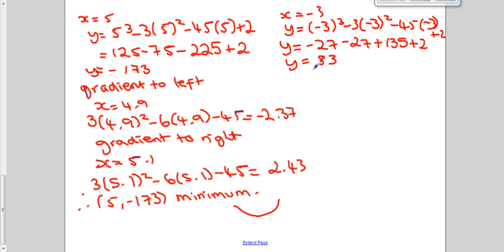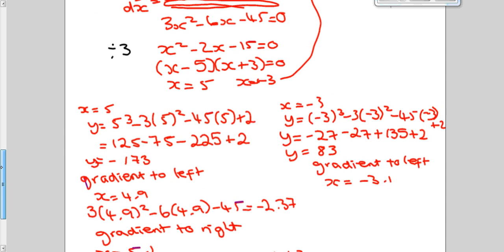And now with this other x value, so we've still got our x equals minus 3, which has the y value of 83. And from this, we have the gradient to the left, which will be at x equals minus 3.1. So again, substitute it into the equation for the gradient, which we have here.